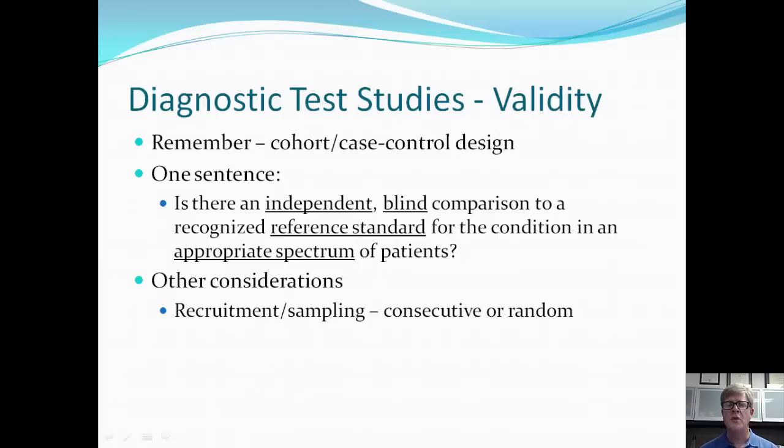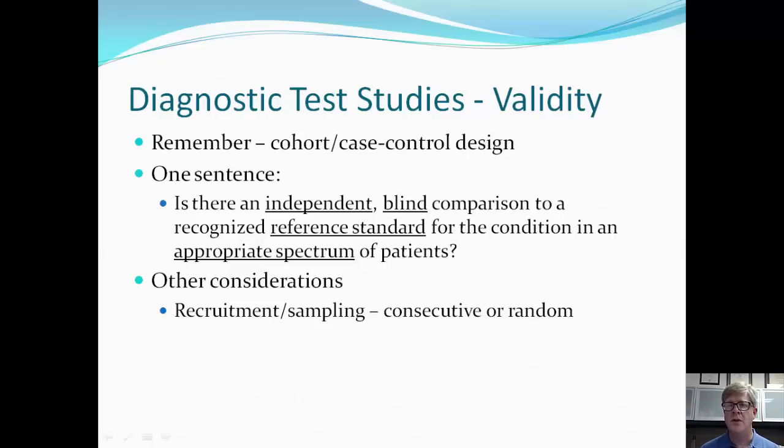Other considerations when you're recruiting for a diagnostic test study: you want to do either consecutive recruitment or random sampling. So if you're doing an emergency room study on pulmonary embolus, for instance, you want to take everybody with a little bit of chest pain and shortness of breath, people in whom you consider the diagnosis of pulmonary embolus, and you want to invite all of those people consecutively, 24 hours a day, 7 days a week, to your study.